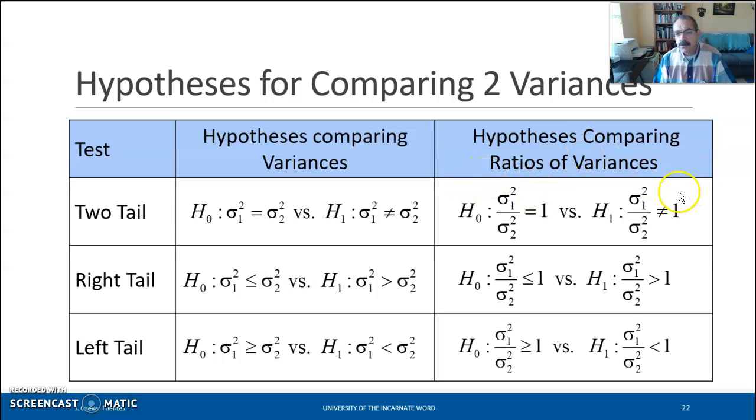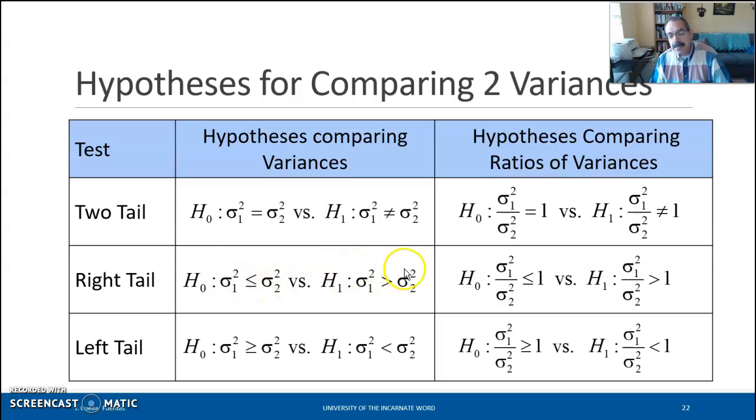And if they are equal, this ratio should be 1. But if these two variances are not equal, then this ratio should be different from 1. Now, in the case that we have a right-tailed test, you see that we're looking at the first variance to be larger than the second variance. And under the null hypothesis, you have either the equality or the first variance is smaller than the second variance.